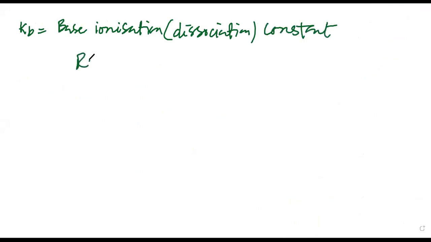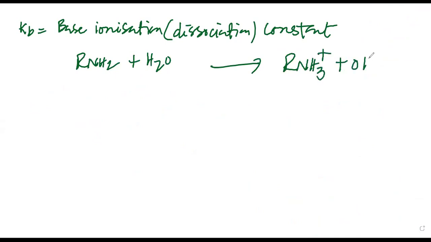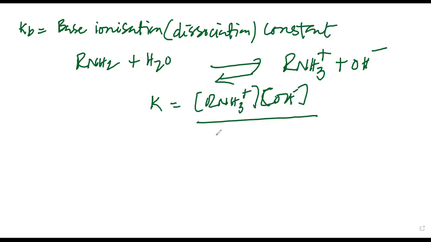So if you have RNH2 and it reacts with H2O, it produces RNH3 plus and OH minus. When the equilibrium is established, this K is equal to the concentration of RNH3 plus multiplied by the concentration of OH minus, divided by the concentration of RNH2 and the concentration of water.